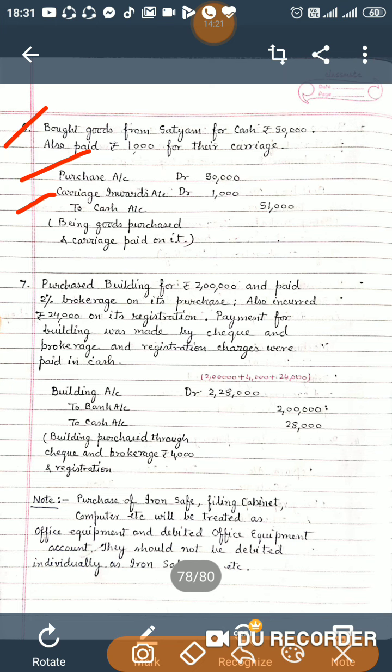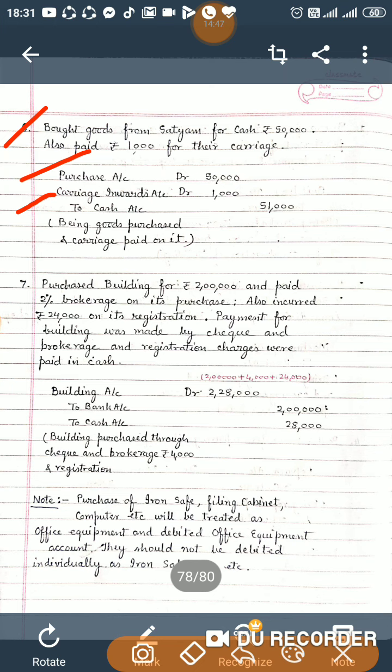Suppose if you are selling goods and you have paid carriage to deliver that goods to your customer, that carriage will be known as carriage outward. Although you can write carriage only, it suffices, but to make it significant, you can also write carriage inward.